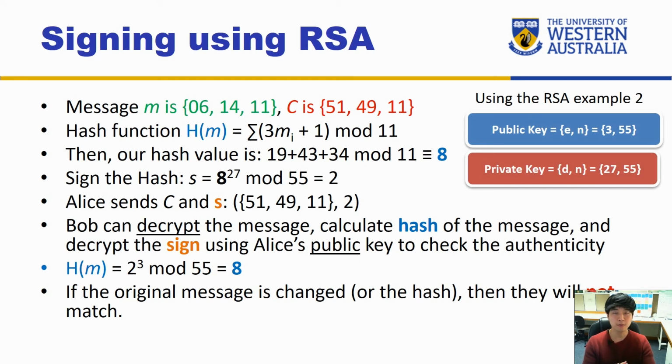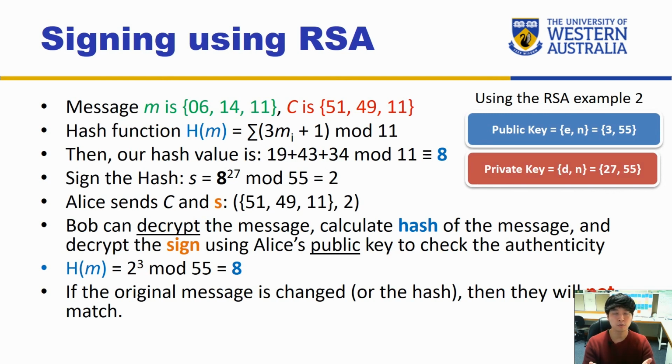So Bob just needs to be able to check whether the message is legitimate or not. Bob can decrypt the message as with any other encryption standard, and then calculate the hash of the message. So that's the one step. And then the other step is we need to decrypt the signature of Alice using Alice's public key. So what we need to do is 2 to the power of Alice's public key, which is 3, mod 55. This gives us 8. So you can instantly see that this value 8 matches the hash value that Alice calculated originally up there.